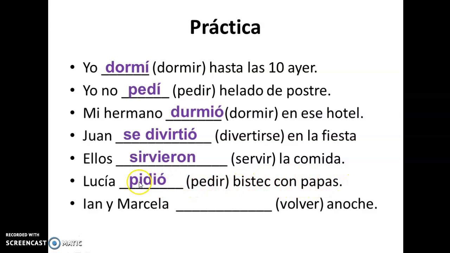Ian y Marcela becomes they, and so that's plural, again third person plural, so we're going to change, and the change is going to happen just like in this one. Ian y Marcela volvieron anoche, okay? And so we change this one from o to u as well.